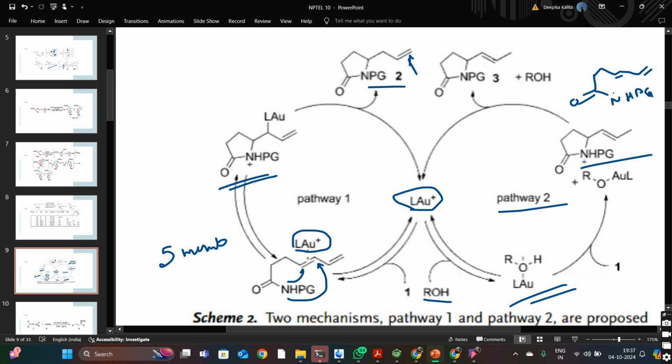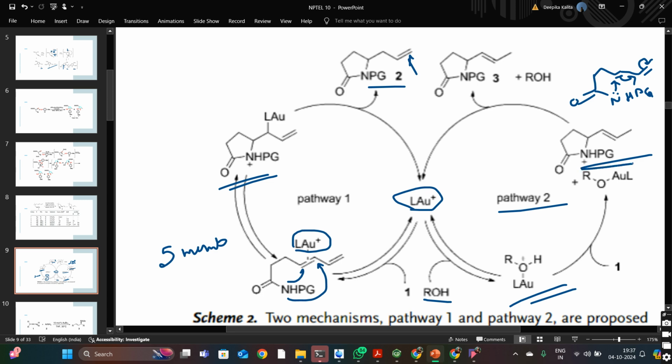Okay, so the amine now is going to attack in this carbon, and the electron pairs will move to the terminal carbon on the side, and you are going to get this particular intermediate product.